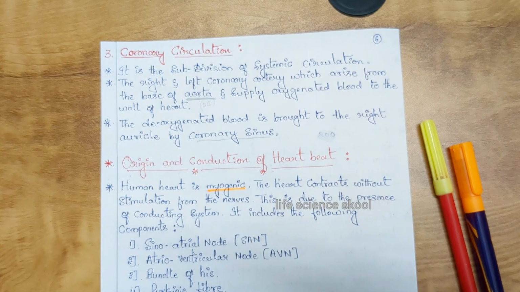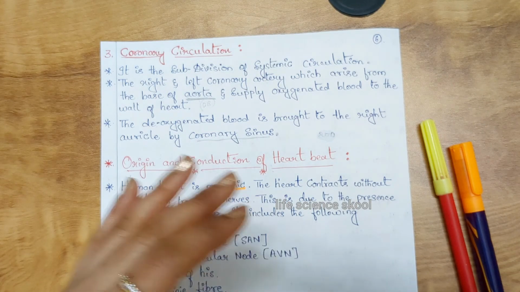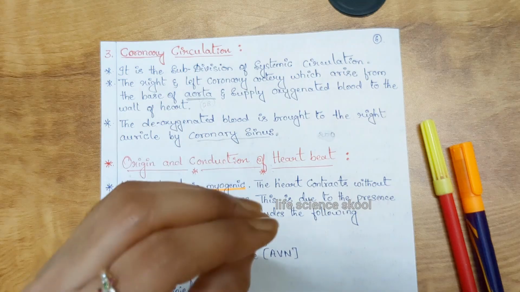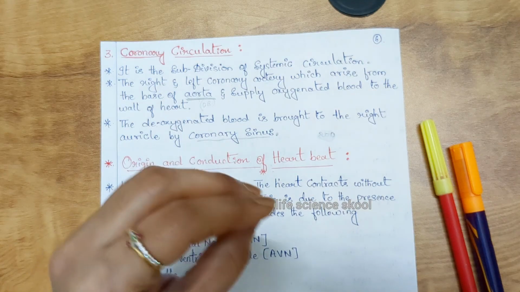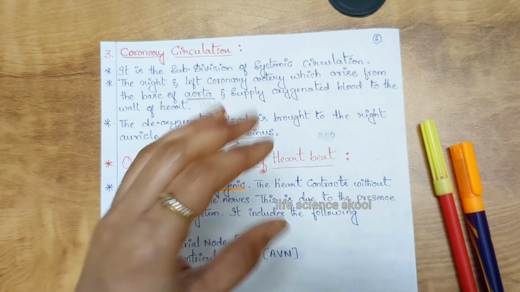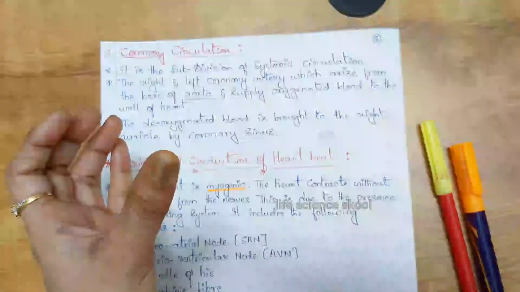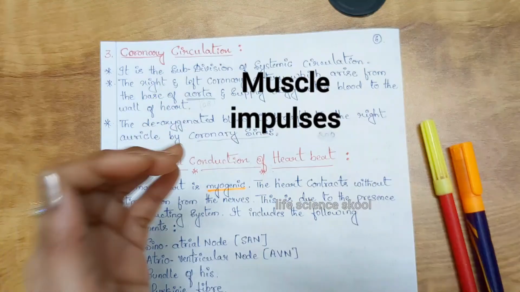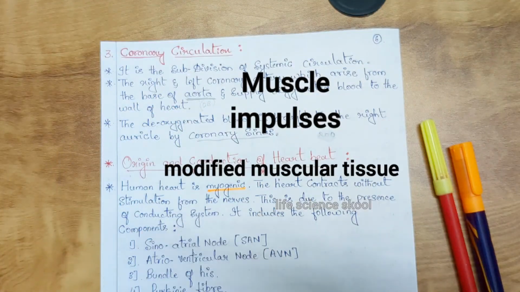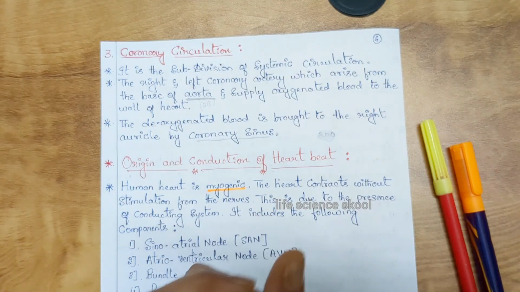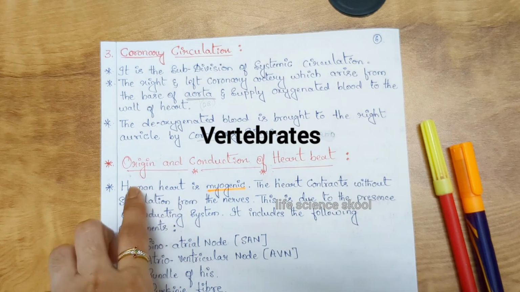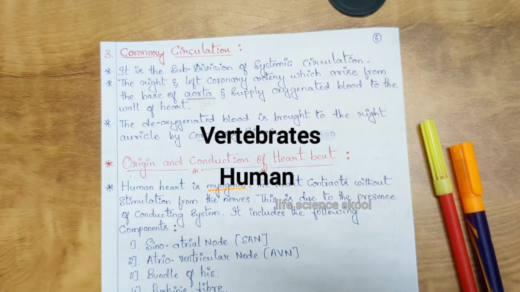In a definition, it is the heart which doesn't require neural input to beat; it beats by muscle impulses. This myogenic heart consists of modified muscular tissue, and you can see it in vertebrates, the higher animals like human beings.